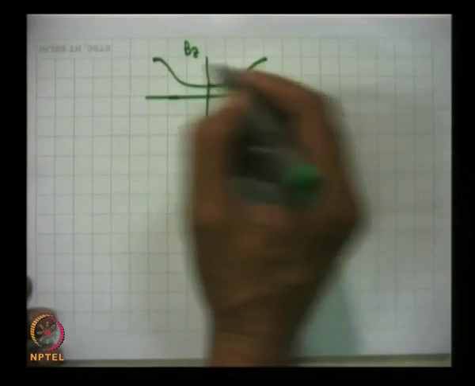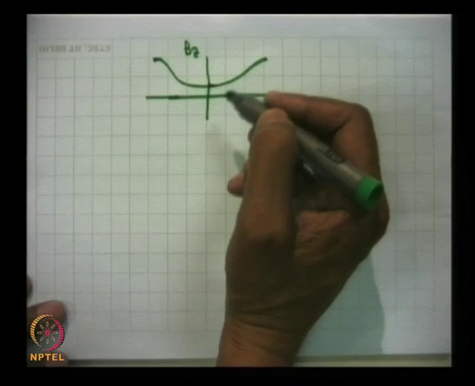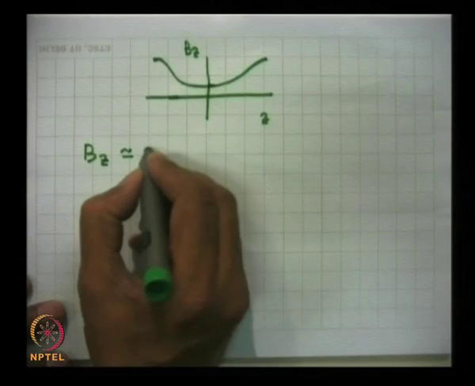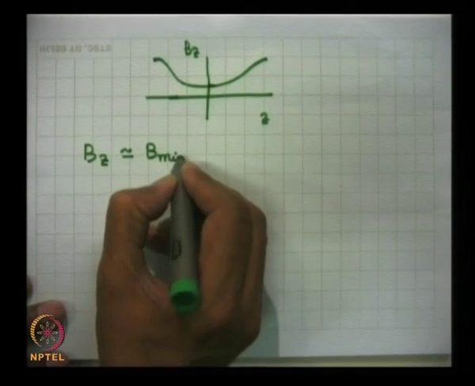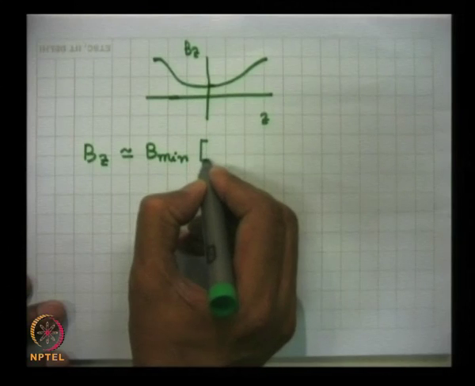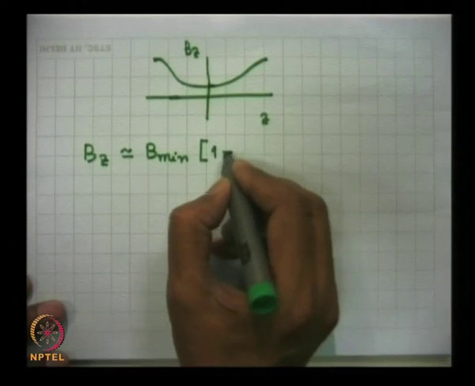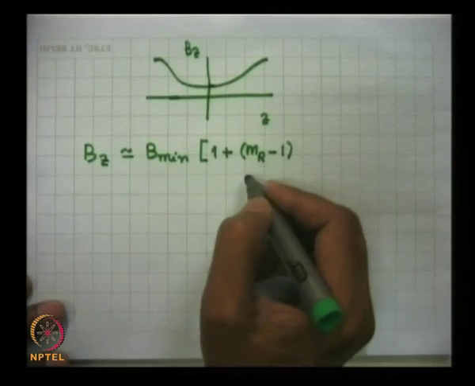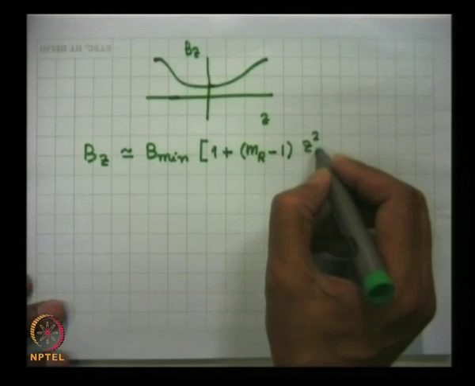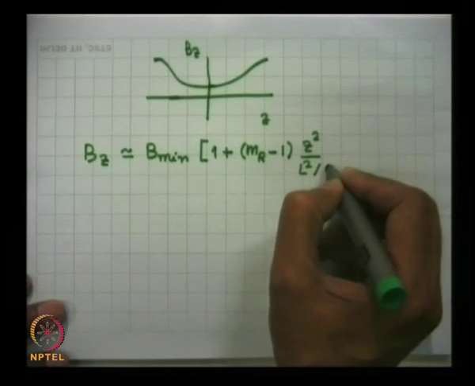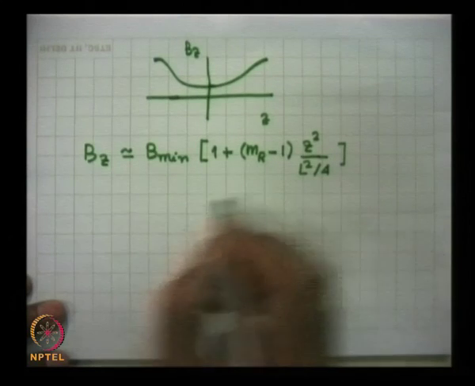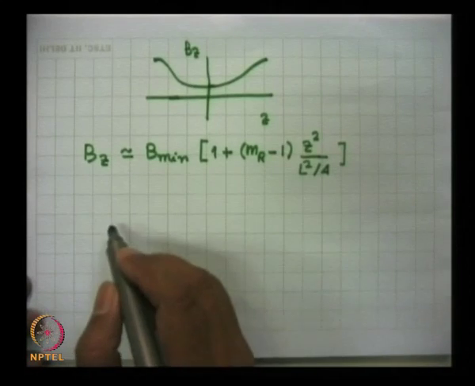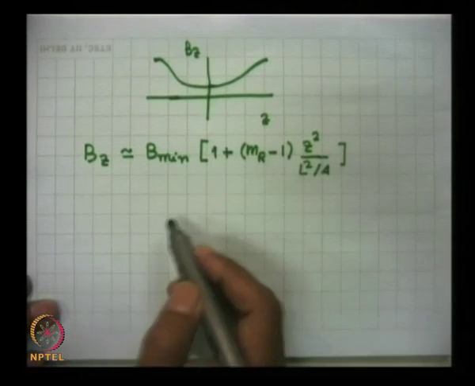So, in this region where you want to localize the plasma, magnetic field can be modeled as Bz typically of the order of B minimum multiplied by 1 plus (MR minus 1), MR is the mirror ratio, into Z square by L square by 4. This is not an exact expression, just a quite reasonable representation of magnetic field with Z, saying that it is minimum here and it has some sort of a parabolic profile.